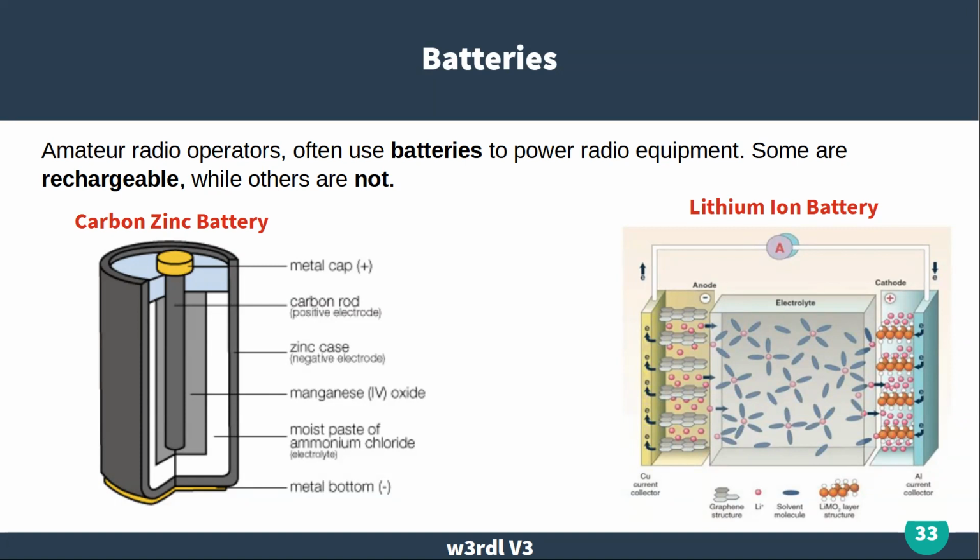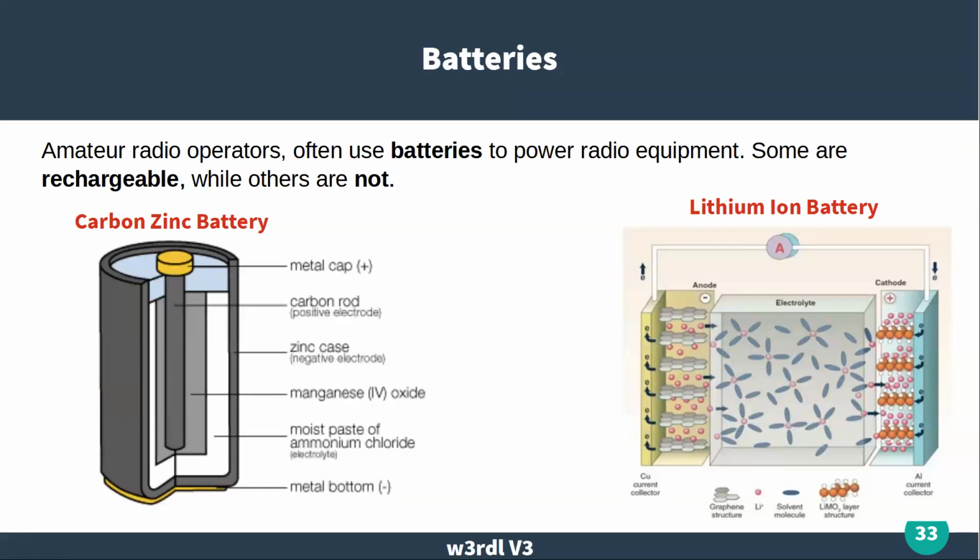There's no way to recharge it, and then it corrodes and ruins your equipment. That electrical process is not reversible. In rechargeable batteries, it's still an electrolyte, but it's a reversible process, so when you apply a voltage and current to it, you can recharge them.